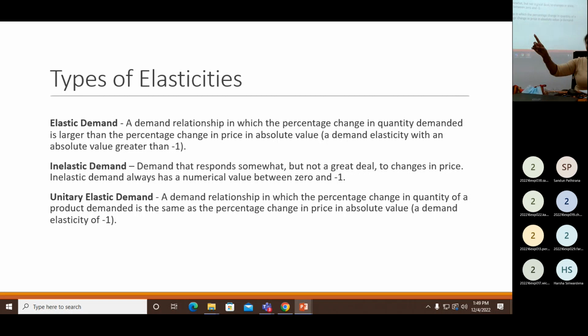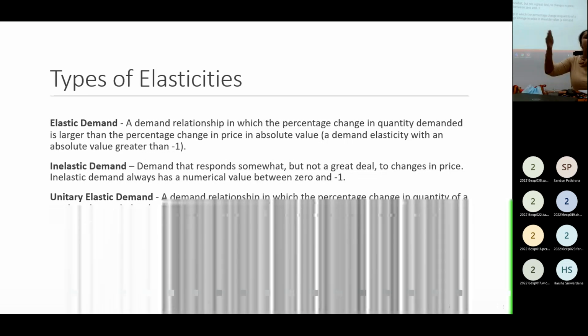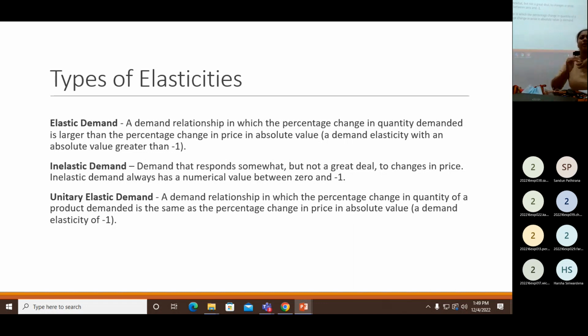If you look at the percentage change, for a large percentage change in price, the percentage change in quantity demanded is very small, so it's not very responsive. That is why you call it inelastic. It responds, but not that much. So that value will be between 0 and -1. The PED value you calculate will be 0 point something, less than 1. Is that clear? So that is inelastic demand.